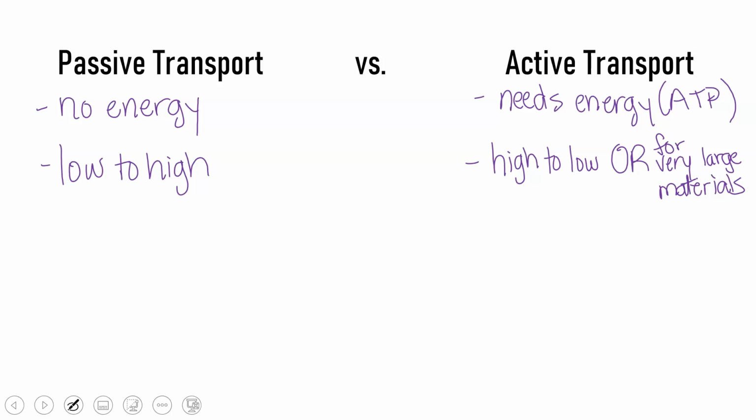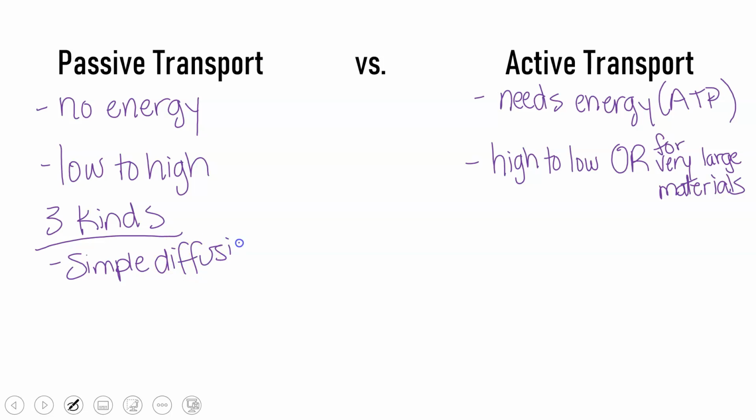Okay. For both of them, we've got 3 kinds. Our 3 kinds of passive transport are simple diffusion, facilitated diffusion, and osmosis.